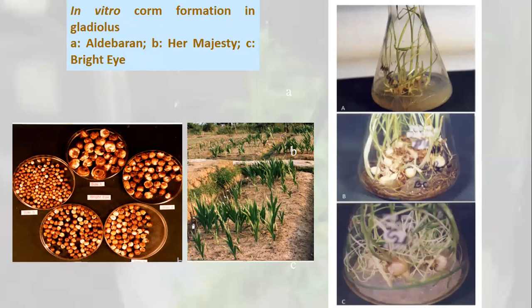We need to certify the plant tissue culture material, and that certification is based on two important things. One is the plants are true to type, that means they are exactly like the mother plant, they are all clonally uniform, same type, no variant is there.